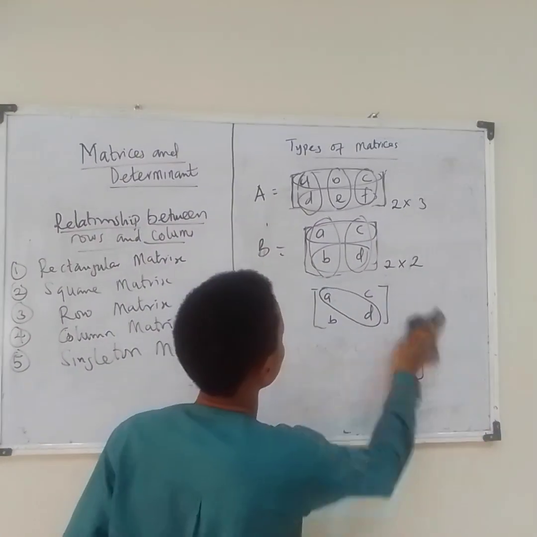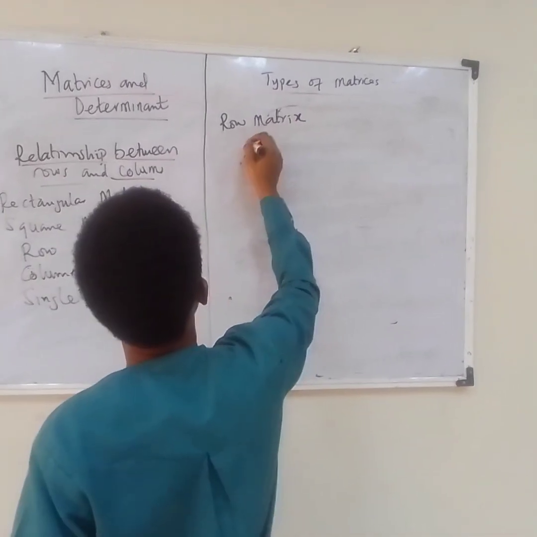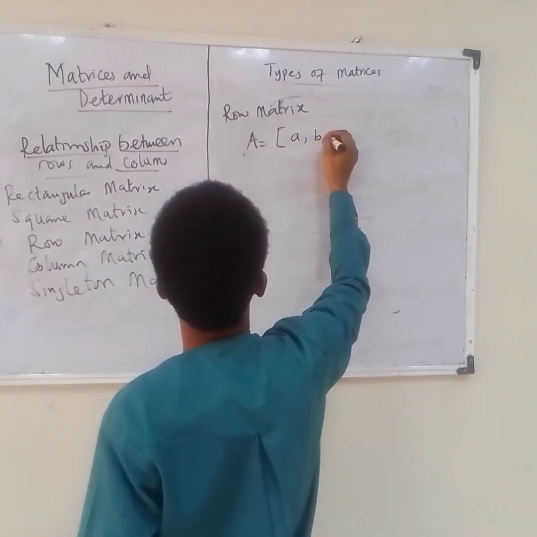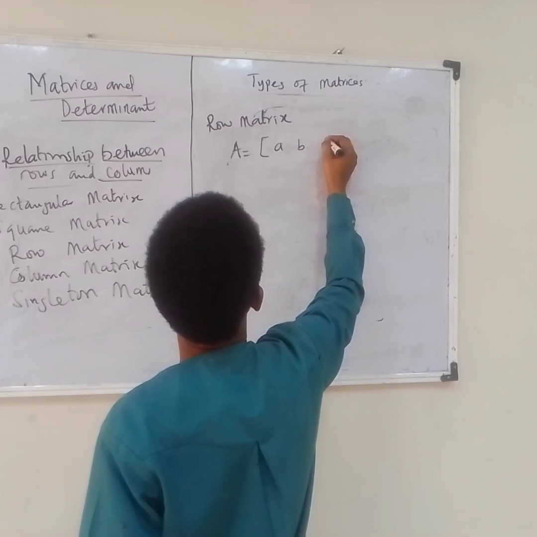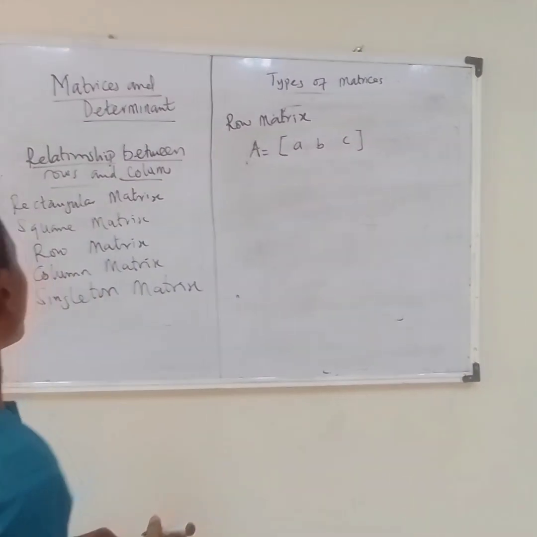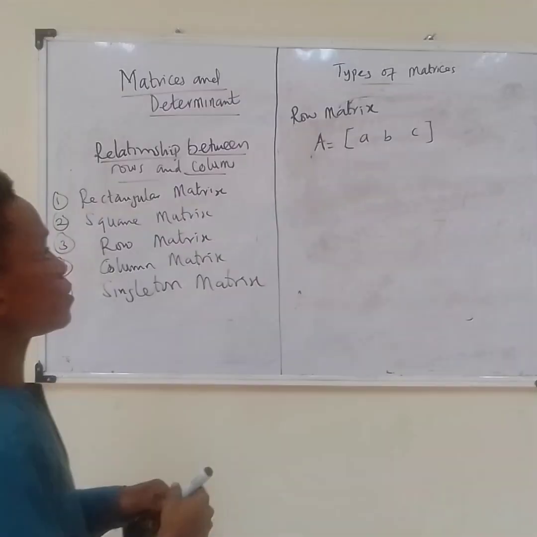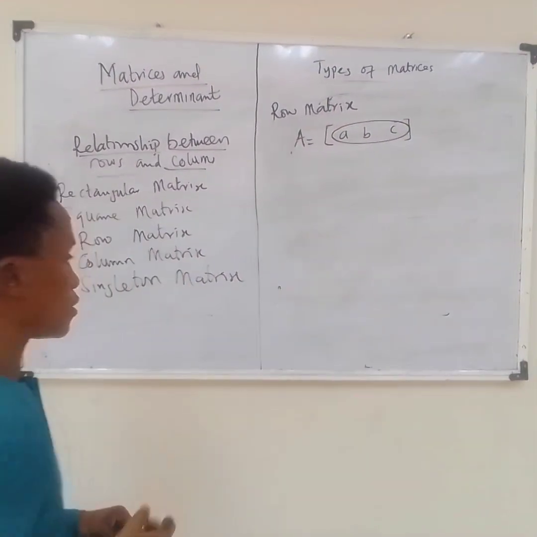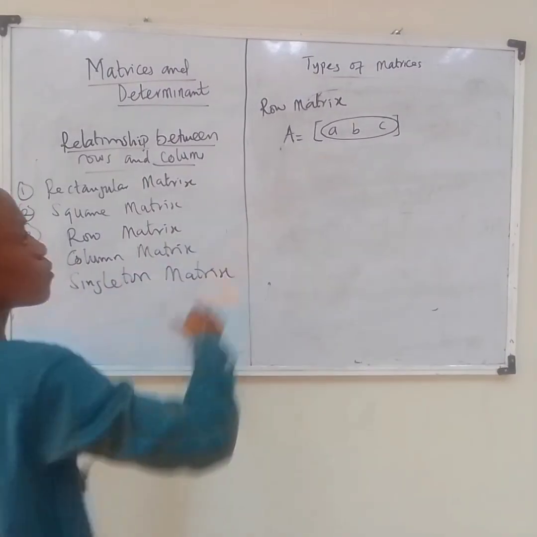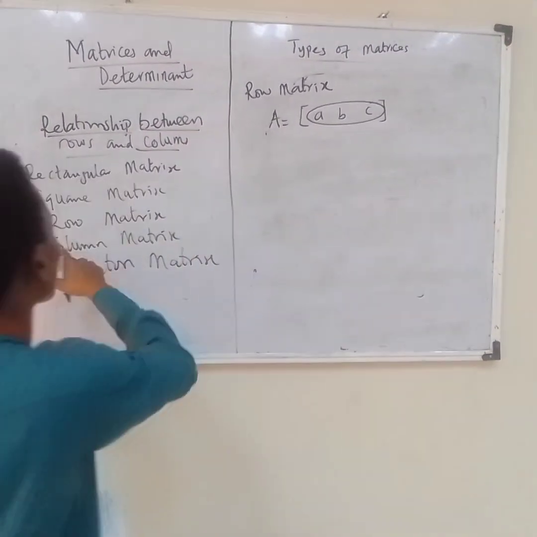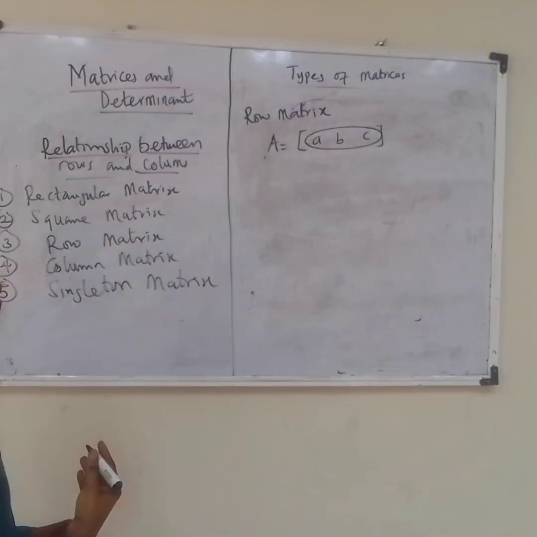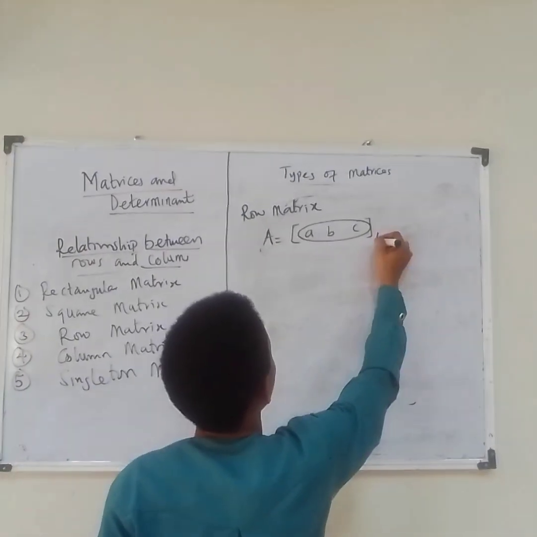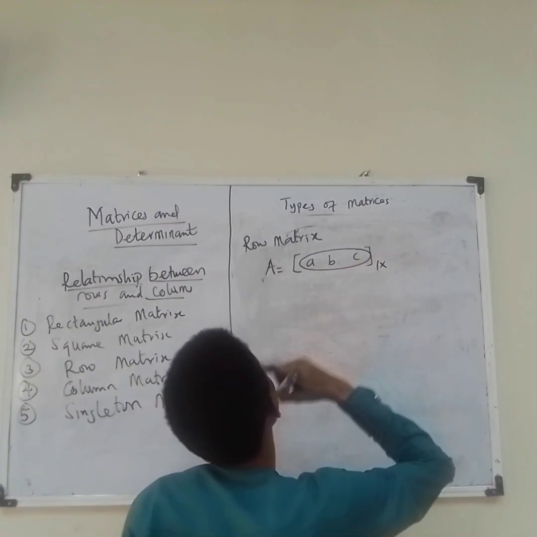Take for instance A equals, let's say, A, B, C. If you are asked how many rows we have, the horizontal arrangement of elements, these are called your rows. But your column is the vertical arrangement.